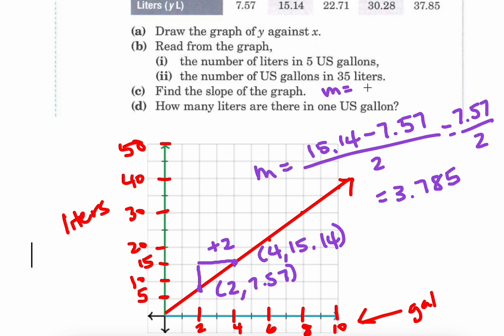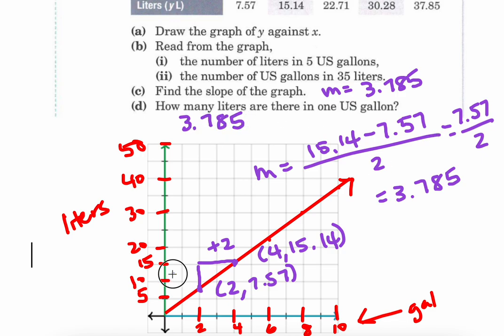That's my slope, 3.785. So every time I have 1 gallon, it's equivalent to 3.785 liters.